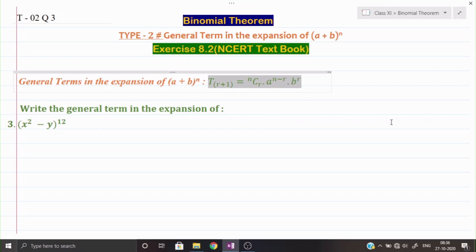For example, if you want to find the 5th term, then the value of R will be 4, because we have given the formula of TR plus 1. So suppose you are finding the 7th term, then the value of R will be 6. Remember, the value of R will always be 1 less than the required term. It is not like when we find a term with the help of AN.